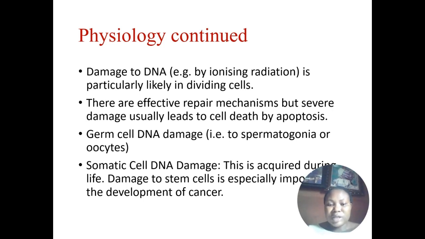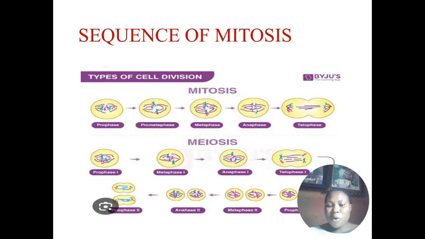There are effective repair mechanisms, but severe damage usually leads to cell death or apoptosis. Then there could be germ cell DNA damage, that is to spermatogonia or oocytes. Also we have somatic cell damage, which is acquired during life. Damage to stem cells is especially important in the development of cancer.